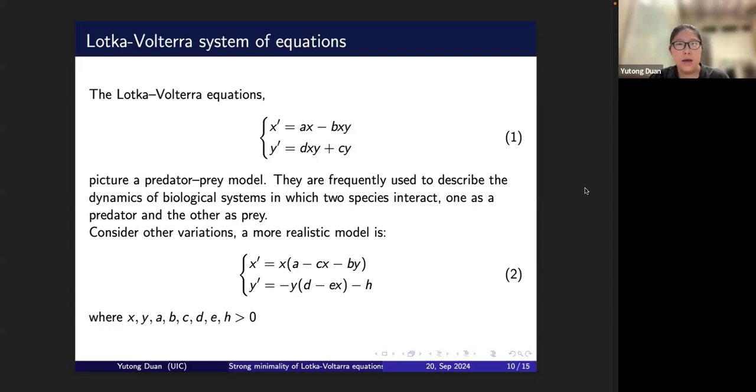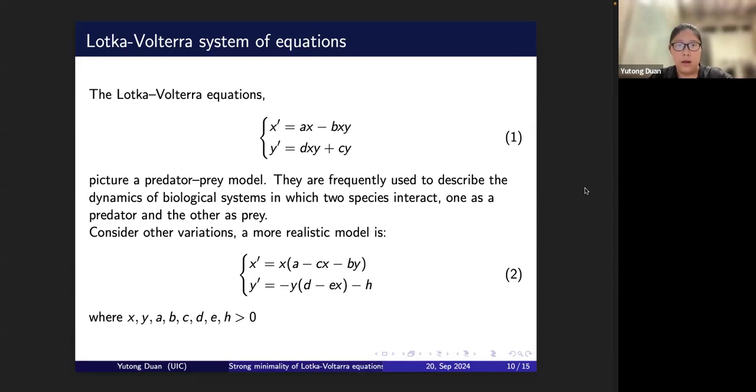What I did is about the Lotka-Volterra equation. The first reason is that it's not just an equation, it's also a predator-prey model.